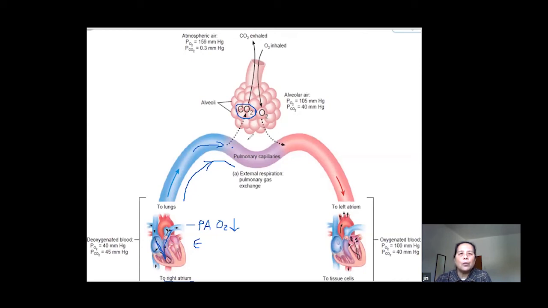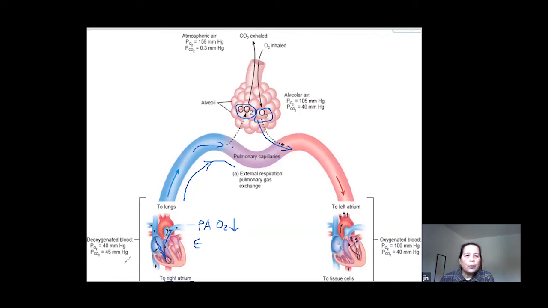So simple diffusion here. And the same thing with oxygen, still moving from a high concentrated part to a low concentrated part. Still simple diffusion. So that happens in this area.